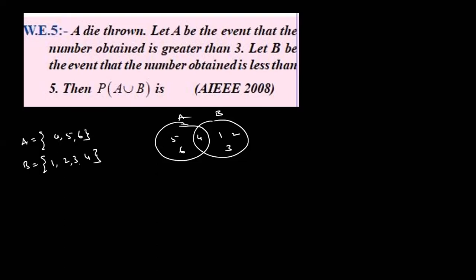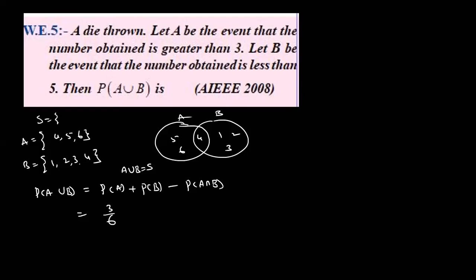So, dear students, they're asking P of A union B is equal to P of A plus P of B minus P of A intersection B. If you're observing here, A and B are what? Adjustive events. See, A union B is how much? S is coming. So these are not mutually exclusive events, only adjustive events. So P of A, anyone? 3 by 6. Favorable case is 3, so sample space is 6.